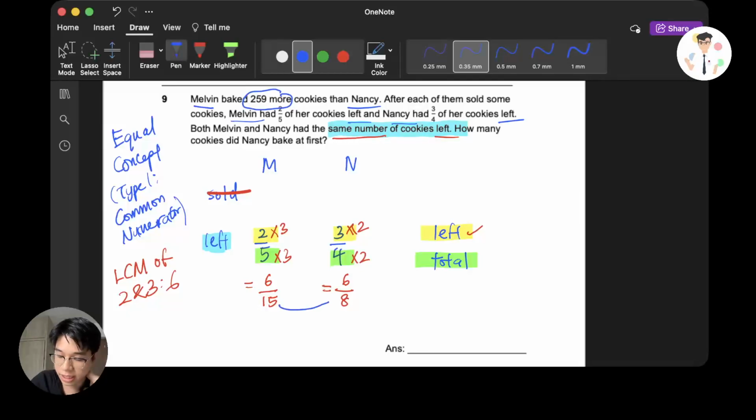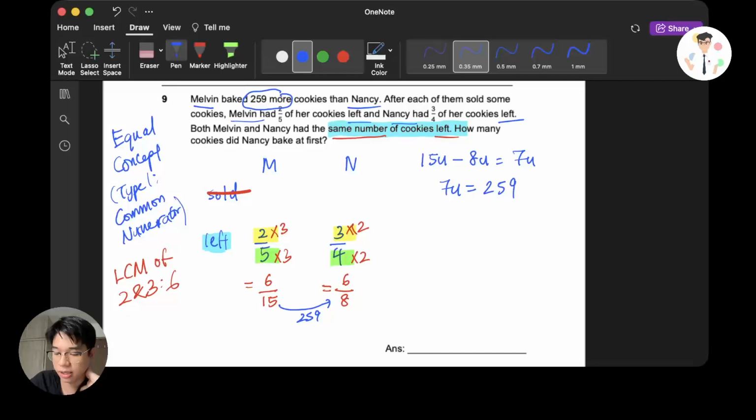So what you are supposed to do is 15 units minus 8 units, which is 7 units. So that 7 units is actually what? Yes, the 259. If 7 units is 259, then 1 unit is equal to 37.